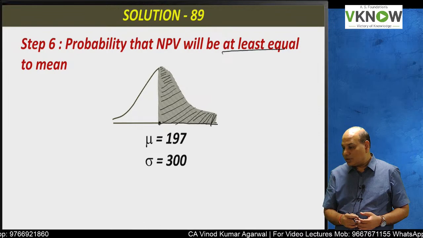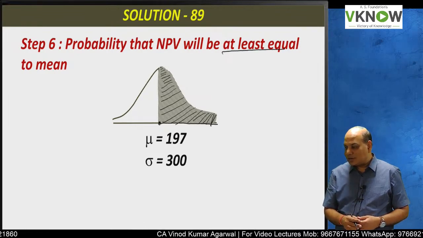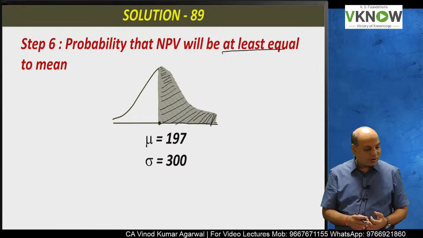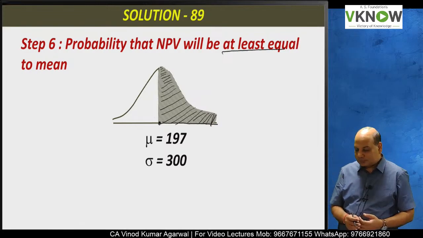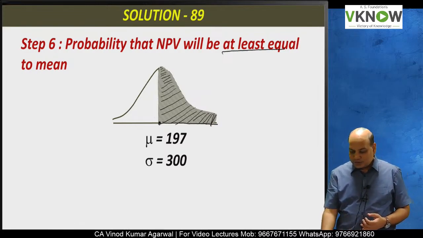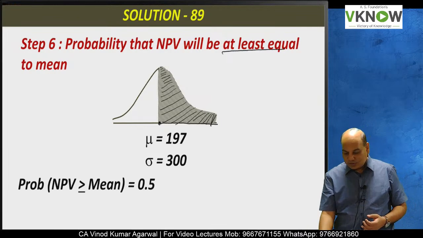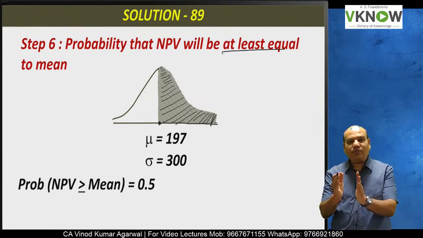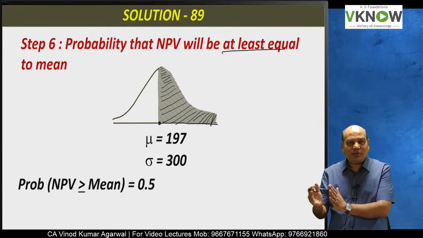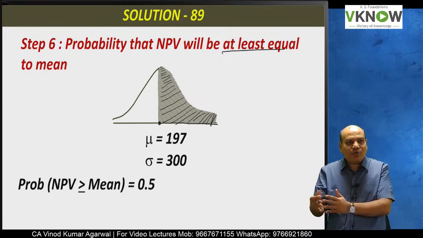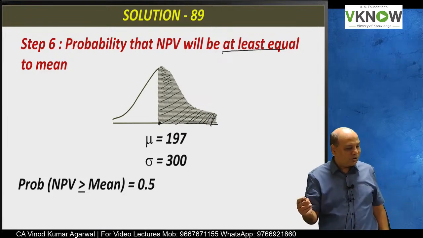Don't calculate anything, just look at the diagram and answer what is the probability. 0.5 is the right answer. Wonderful, because I have to find more than mean. Mean is in the center, so more than mean means 50%. Very good answer.